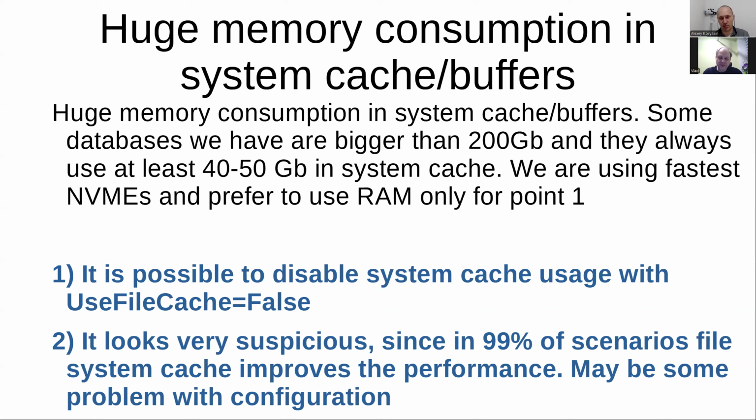In system cache, I think they mean that if we are looking at Windows or Linux with some advanced tools, we can see the memory consumption for the process, like private memory space, and also what is cached as a file, right? Yes, I think it's a question about file system cache, not about Firebird memory consumption, but about memory that was used by the operating system for caching file data.